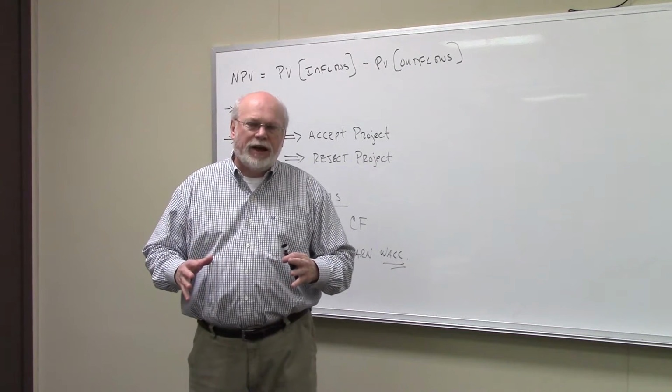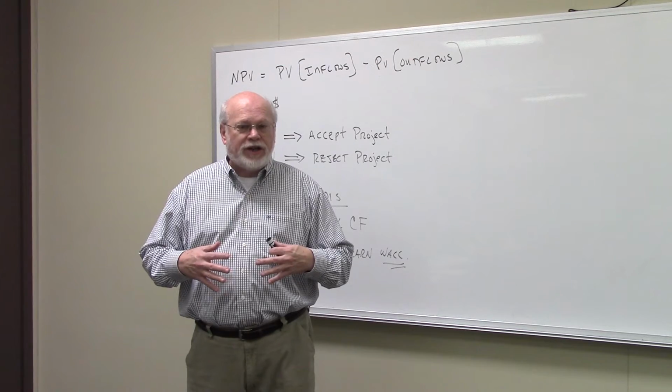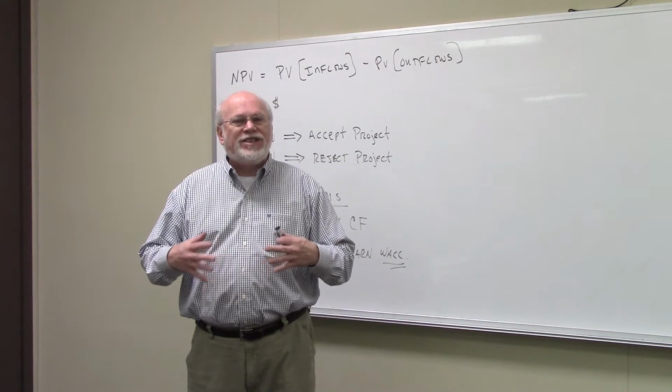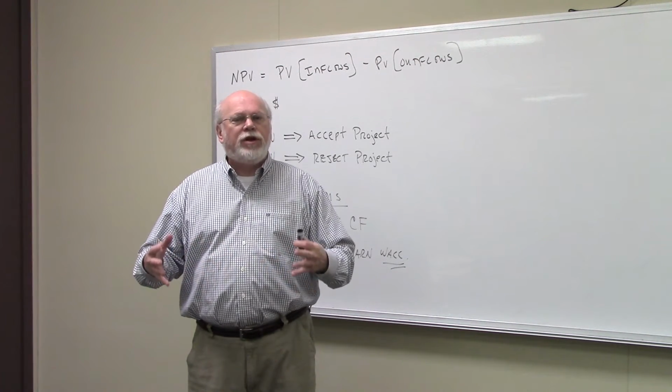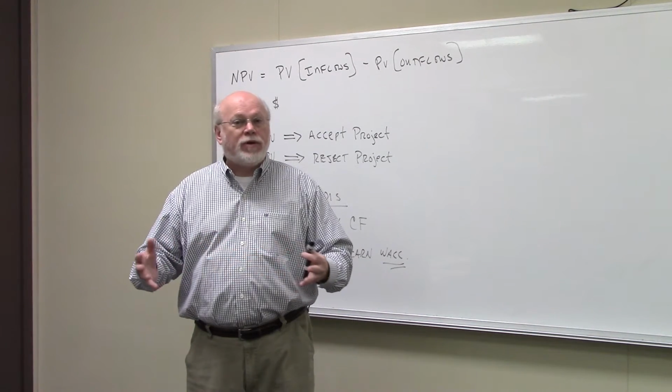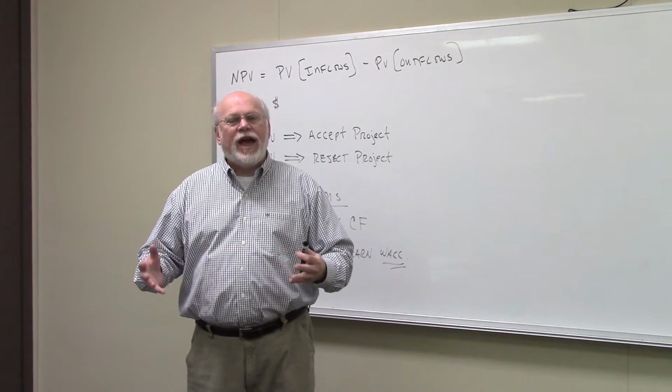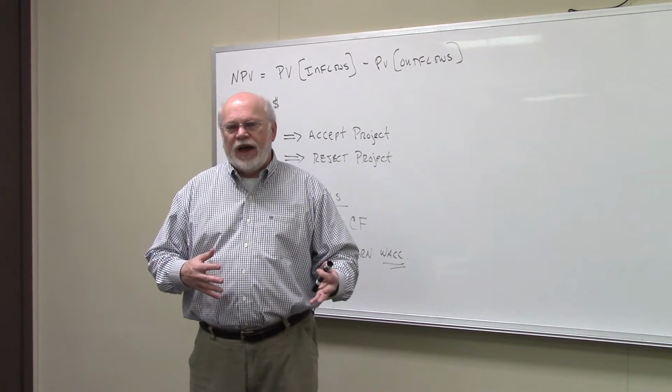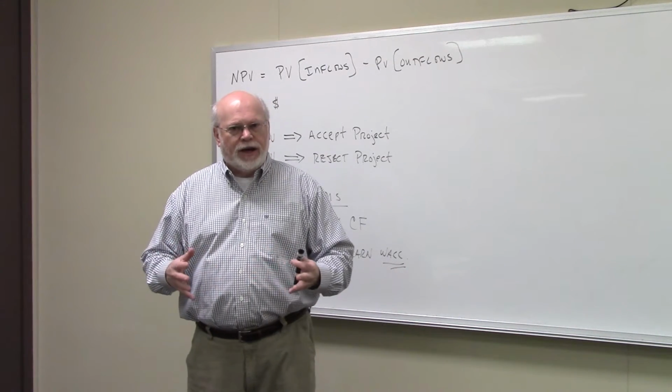Financially, what it means is that if we accept the project, we would be adding $70,000 to the value of the firm. And if you divided that by the number of shares outstanding, that would tell you how much you would add to the intrinsic value of each share of stock.